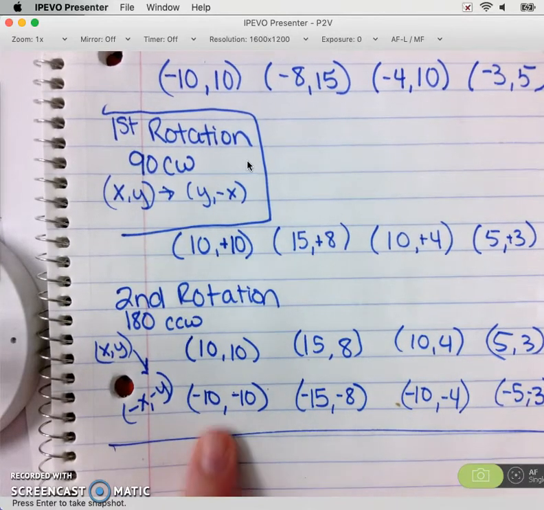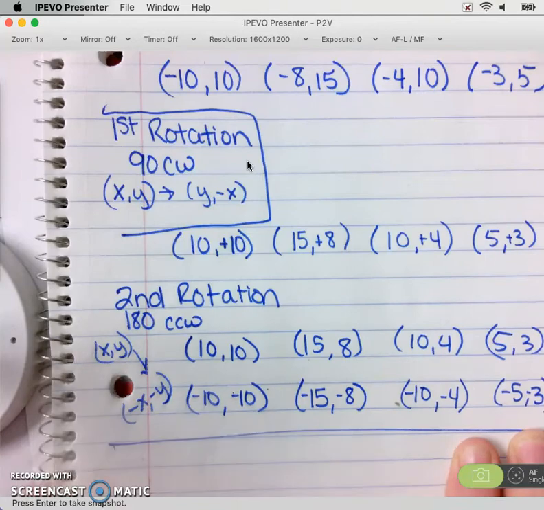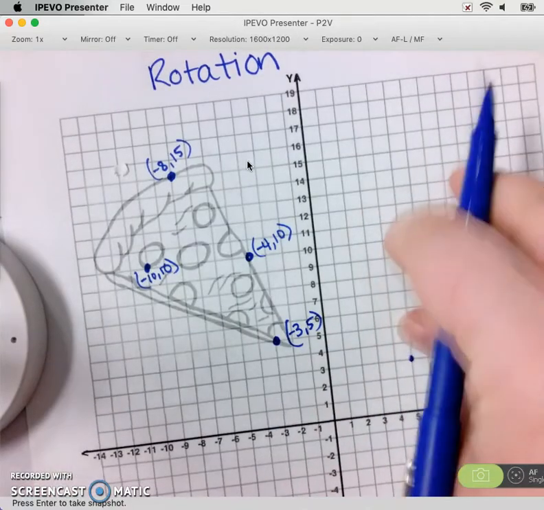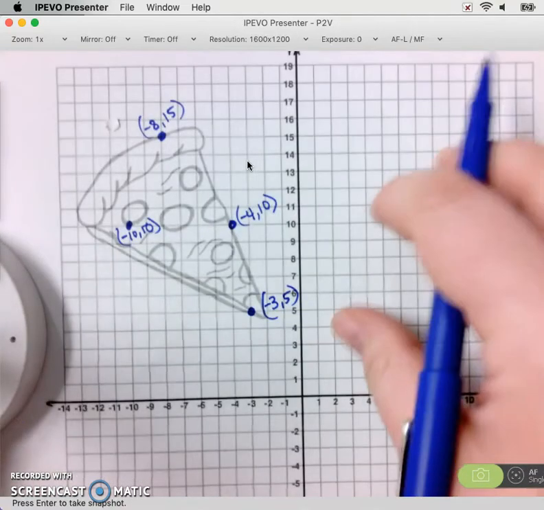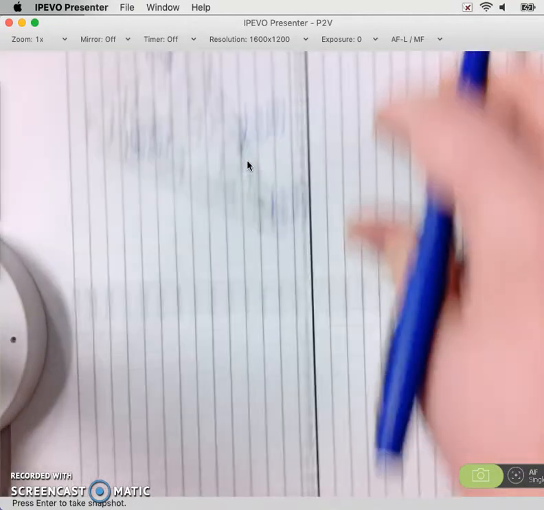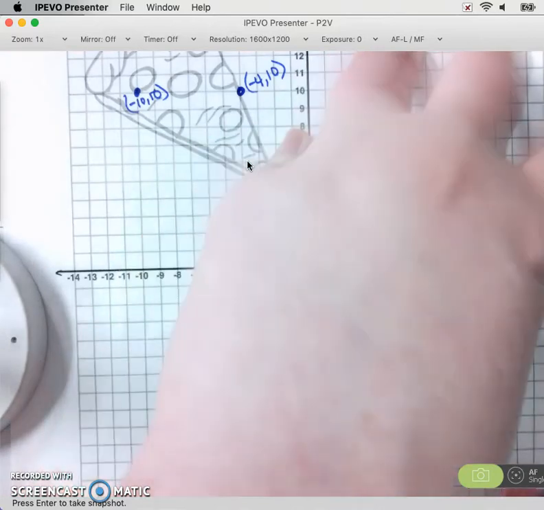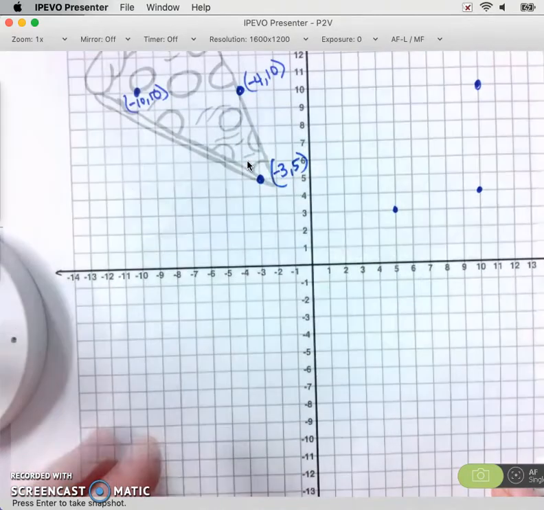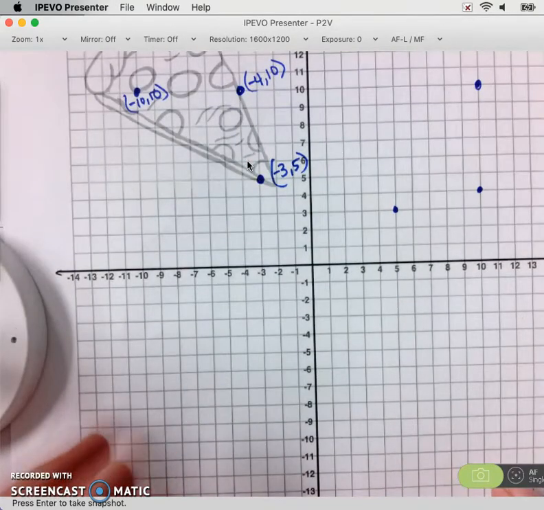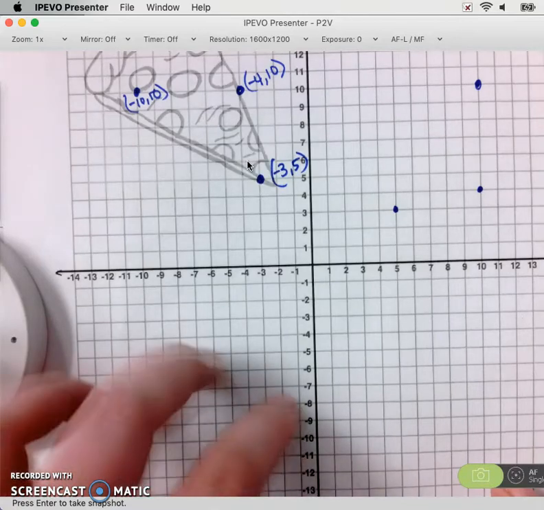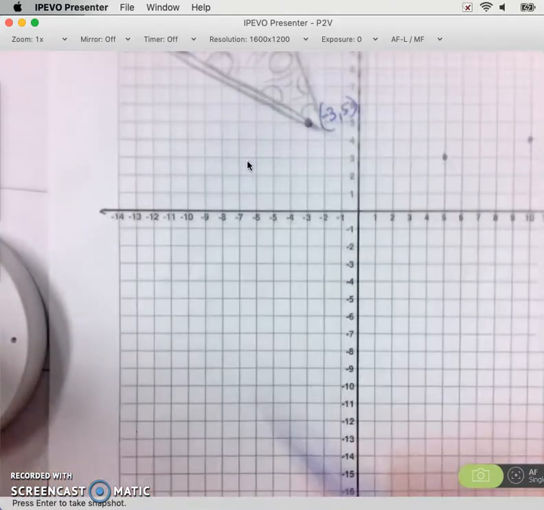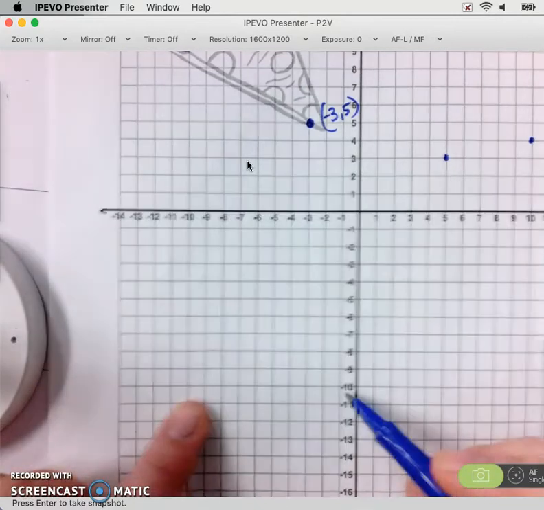And then my second rotation, I'm going to go plot those points. Now think about this. My first rotation was here, and it asked me to do 180 degrees, right? Counterclockwise, right? So it would go here and then here, down to this one. So all my points should be in this quadrant right here. So let's go and plot them. Negative 10, down to 10.